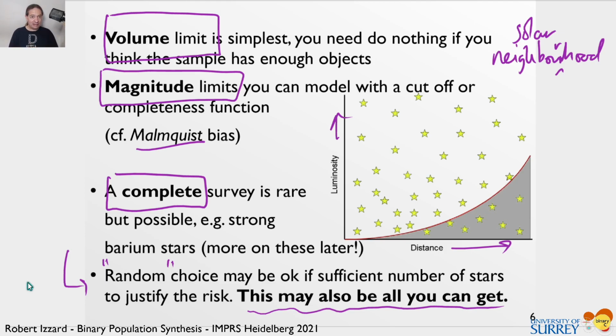Kepler's done some of these, which is great, but again, you're just relying on a bit of luck to find them. So that might be all you can get, and that's fine. So you then need to think about how we are factoring in why we are looking at these stars, and what the biases involved are. So it's not always simple, but you need to know that to compare your modeled populations to observations.